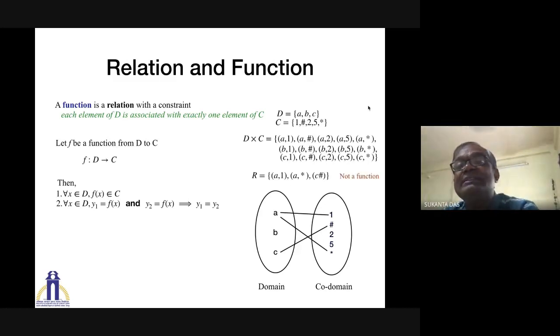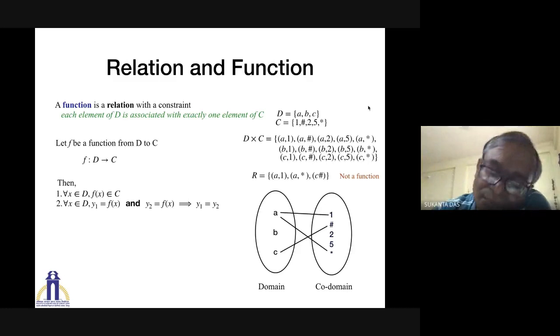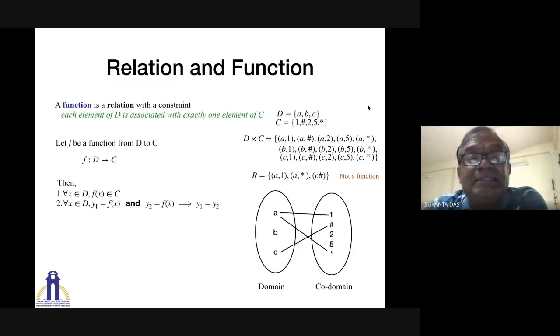So this R is a relation, but not a function. Why not a function? Two reasons. Both the conditions are violated, in fact. The first condition says that for all x in D, f(x) is in C. But here B is in D, but for B, I cannot get any element in C. And the second point is about uniqueness: if y1 equals f(x) and y2 equals f(x), then y1 equals y2.